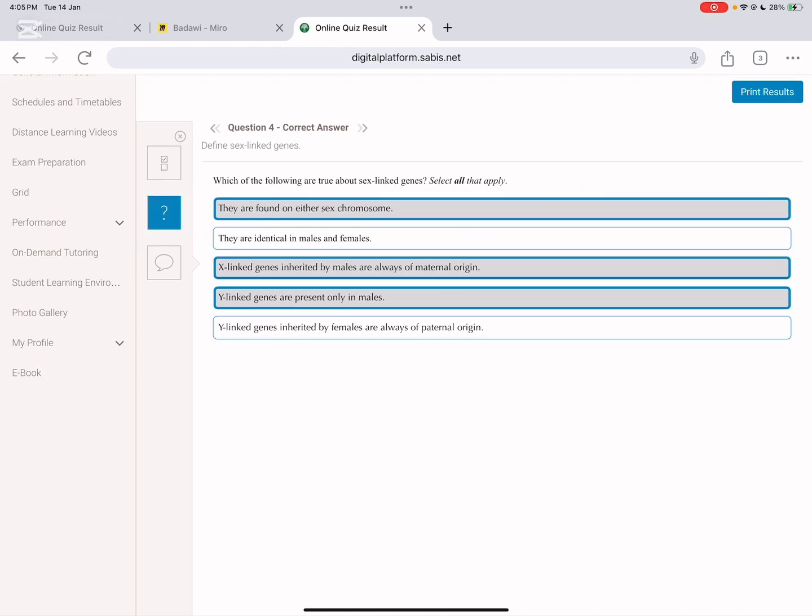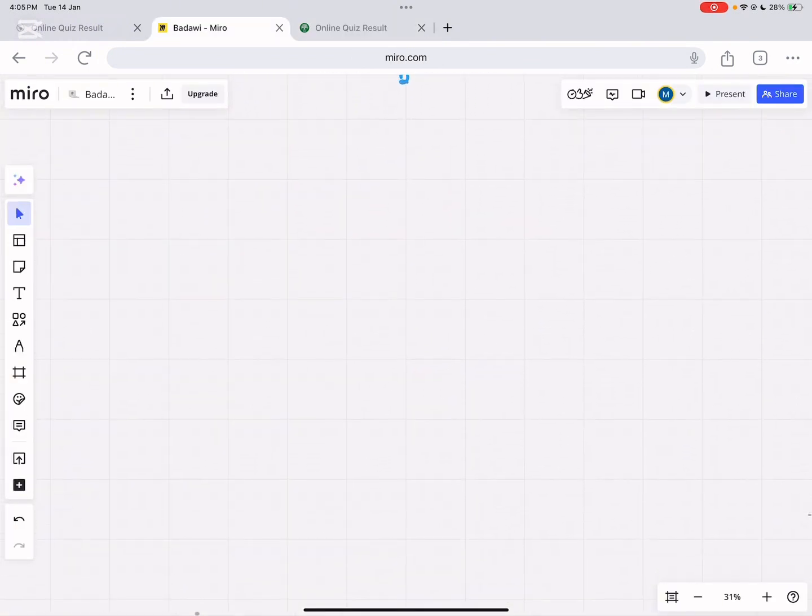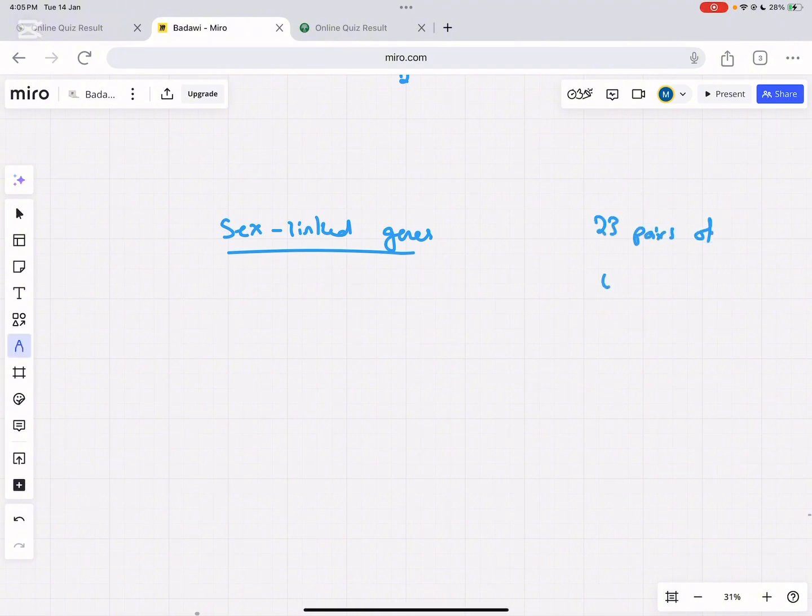Okay, which of the following are true about sex-linked genes? Before we look at the options, whenever we talk about sex-linked genes, remember, just a quick reminder, we have 23 pairs of chromosomes, correct? From these 23 pairs, we have 22 pairs that we call autosomes.